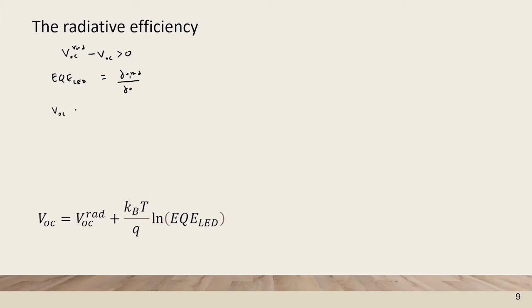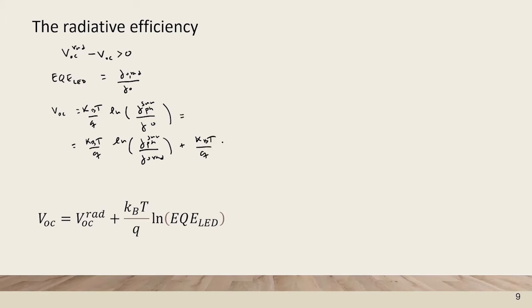So now we write VOC, kBT over q, this is the sun photocurrent over J0, and this is kBT over q with respect to the radiative parameter, plus kBT over q with the fraction of radiative to total.